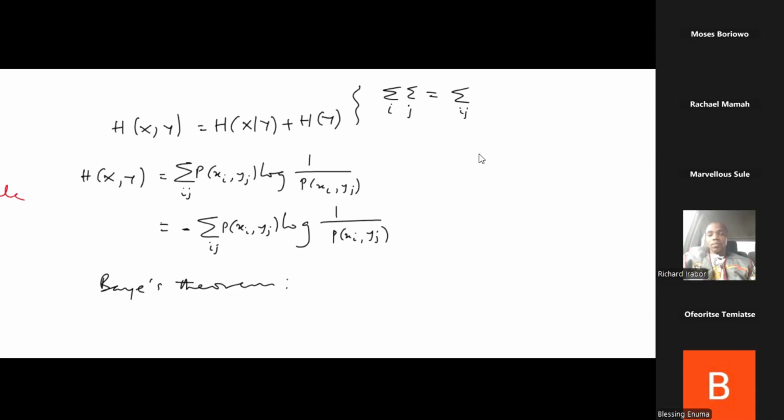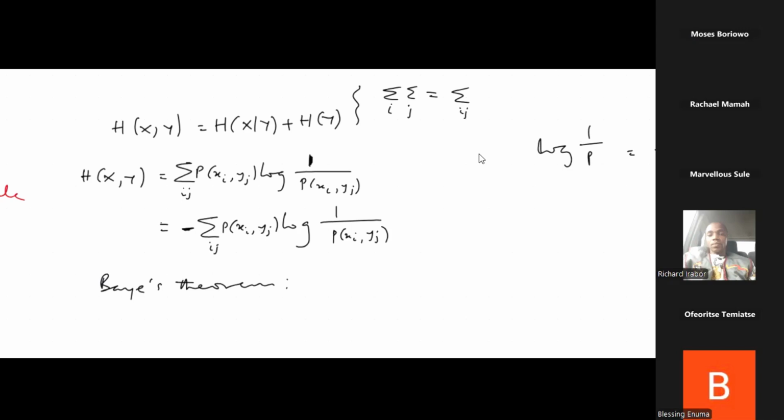How do you get the minus summation? Okay, this minus is coming from this. Recall your log 1 over p is the same as negative log p, right? So I just took care of this inverse by laws of logarithm. So this is the same as this.